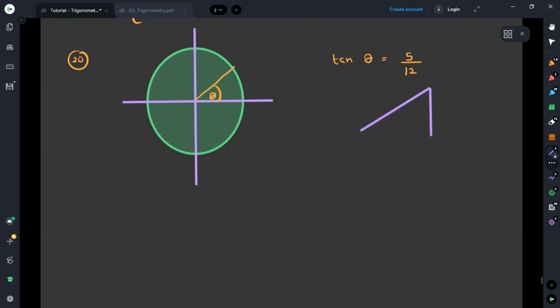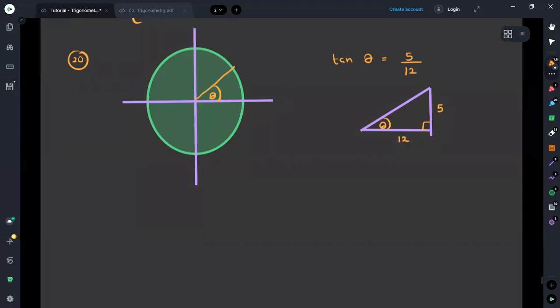Then we may draw the right angle triangle here. If it is theta, we know that tan theta is given as the opposite side divided by the adjacent side. Then this should be equal to 5 and this should be equal to 12. Using this concept, we can easily find the value of sine theta.